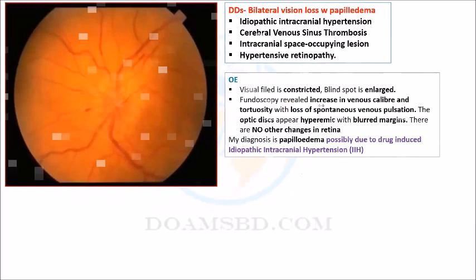And this one, it would be better, papilloedema. I think everybody is okay with this opinion. This is papilloedema and visual field constricted. These are associated eye examination findings. With papilloedema, there is bilateral vision loss.